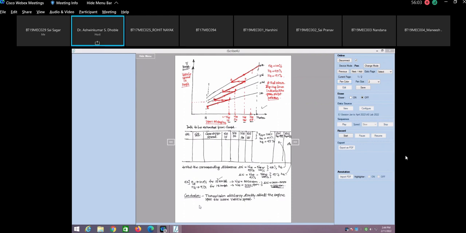Secondly, it adversely affects the vehicle performance and emissions. Okay.